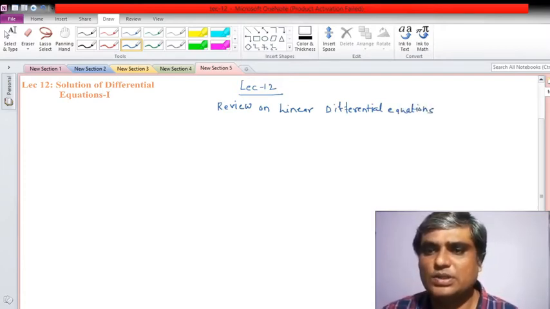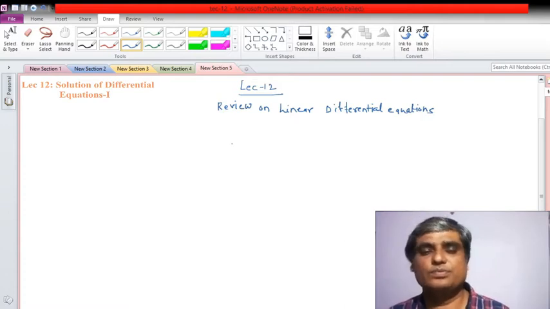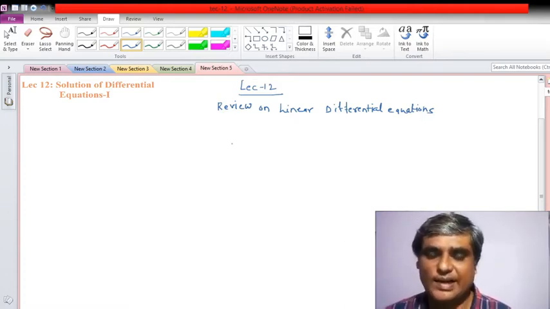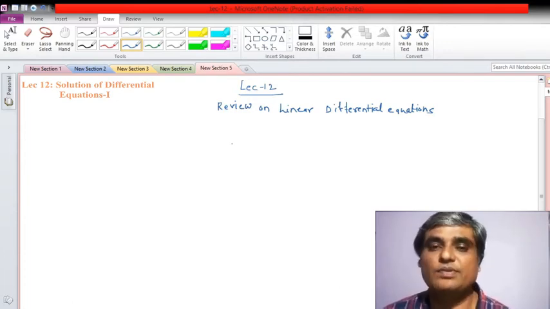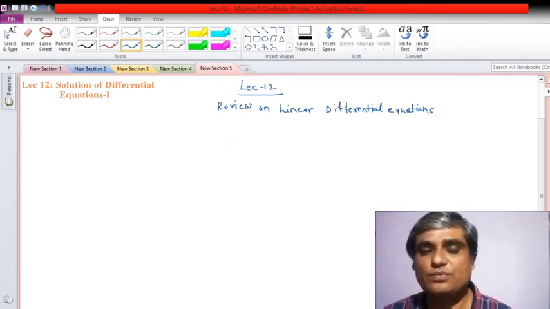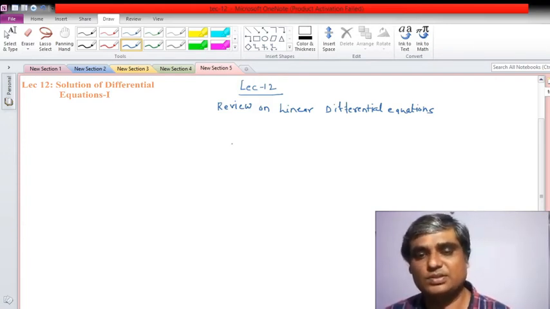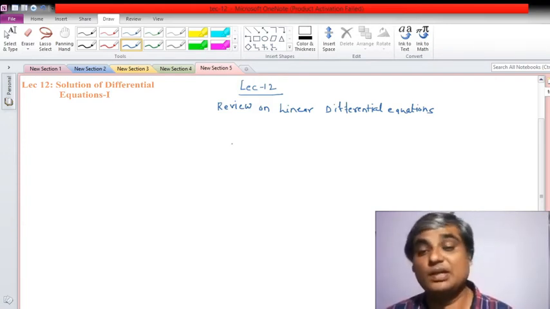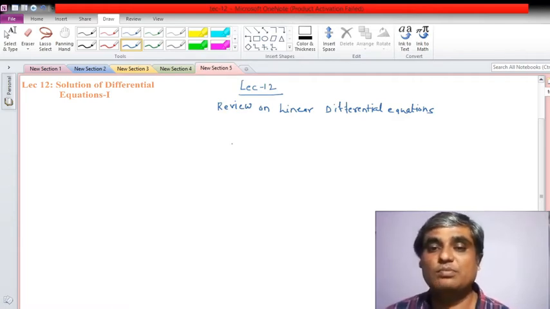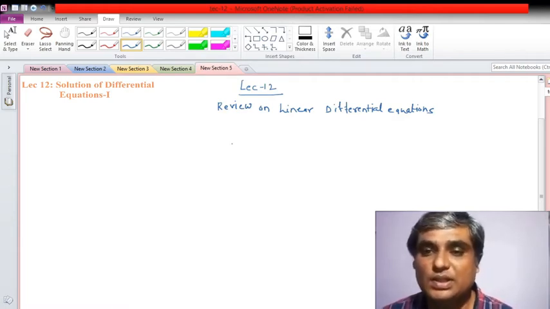Why is it? Because till now what we have seen is that if the circuit is static or dynamic, the mathematical representation we get will be in terms of integral and differential equations. We also learned that it is very difficult to solve integral and differential equations, but we know in mathematics how to solve the linear differential equation.